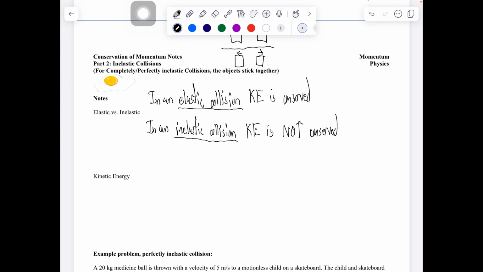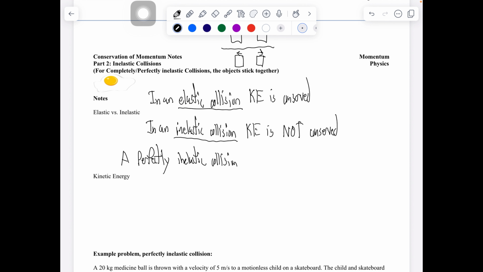You might see this little small note we have at the top. For a completely or perfectly inelastic collision, the objects stick together. A perfectly inelastic collision is just an inelastic collision, right?